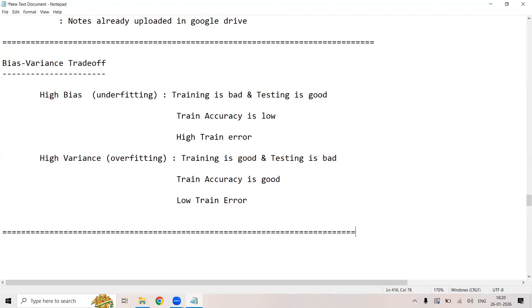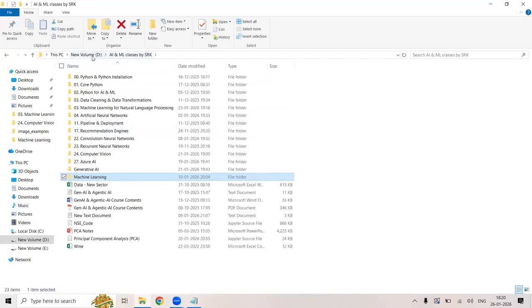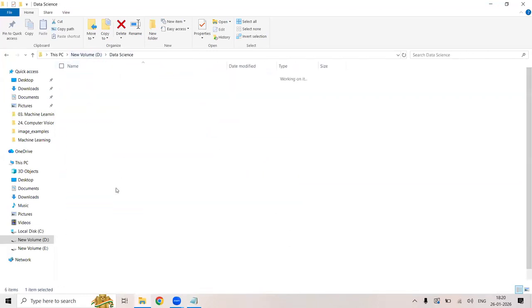So coming to this bias variance trade-off, we are having a total of 4 possibilities. What are those 4 possibilities?